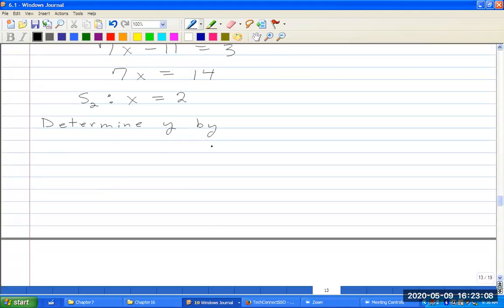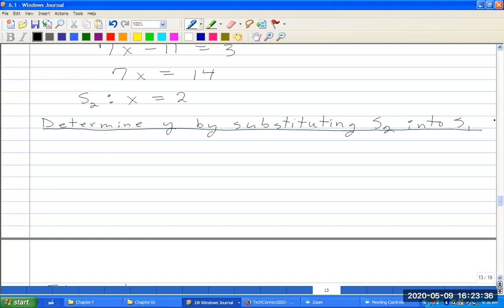So determine y by substituting S2 into S1. Okay, so let's plug in S2 into S1. So I have y is equal to 5x.